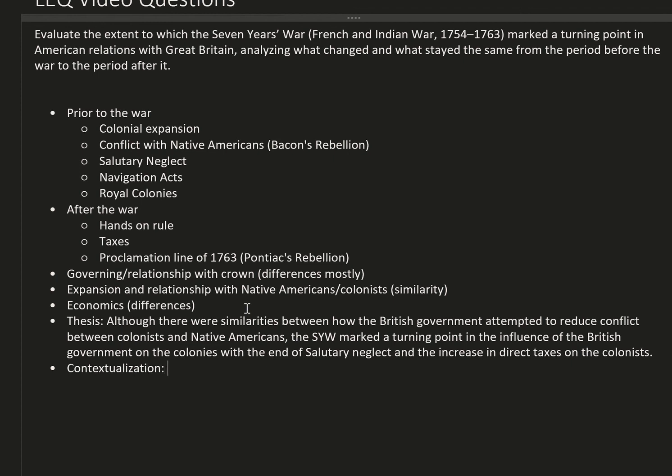Some things for contextualization. This one, you really want to look at the formation of the colonies especially, and talk about the differences in governments, that some were set up directly from the crown, like Georgia, and others were founded by joint stock companies, like Virginia.